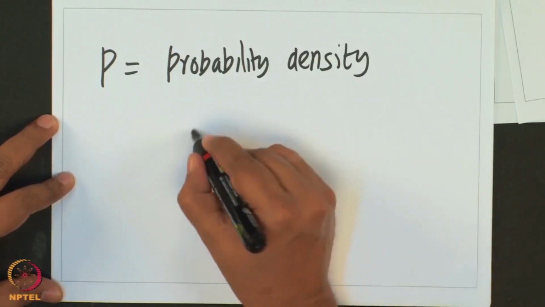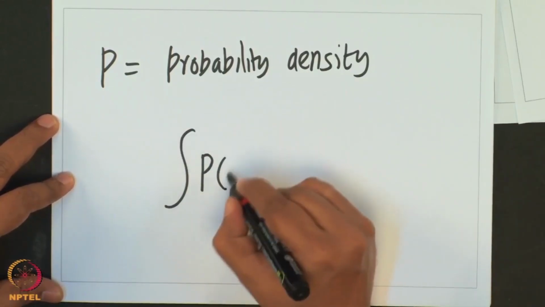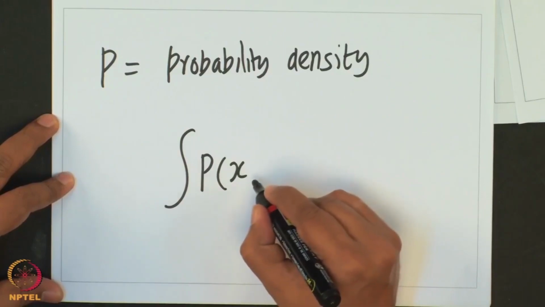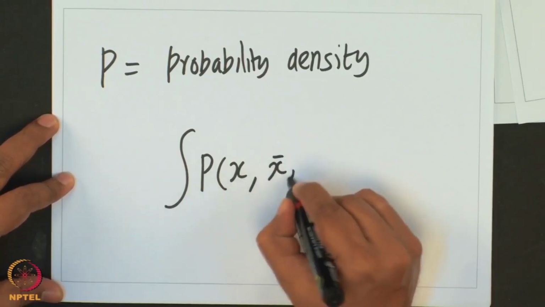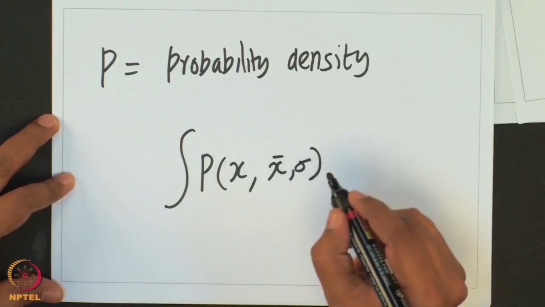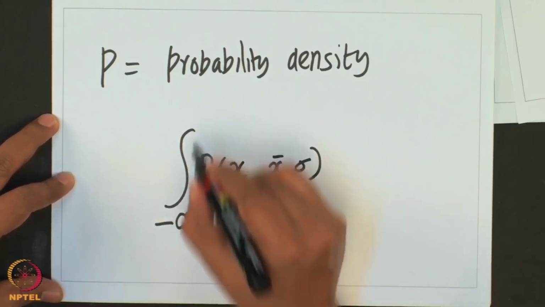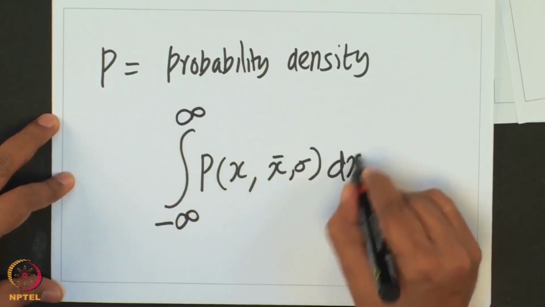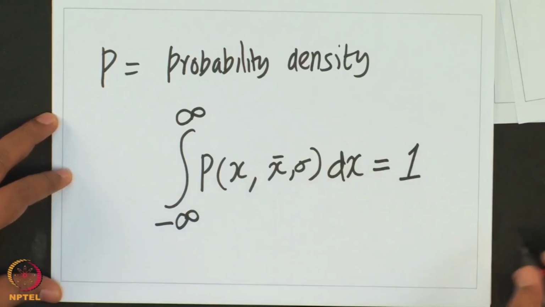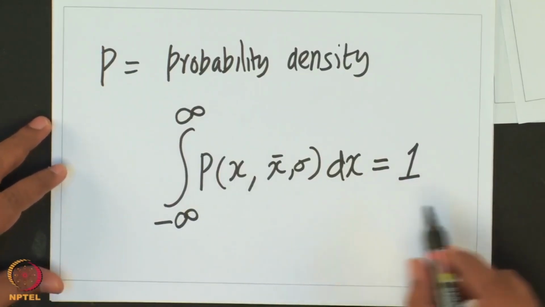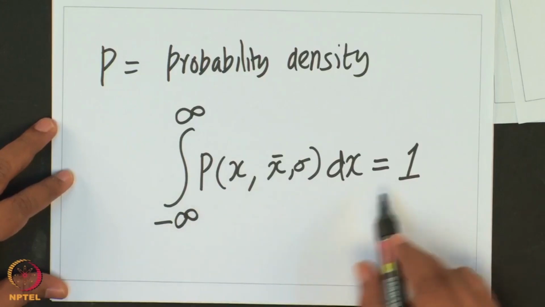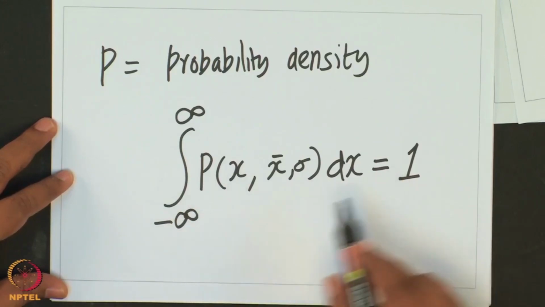Because the integral of p of x, given x bar and sigma, with dx has to be 1. So this is called a normalization. The total probability, what does this mean? The total probability is 1.